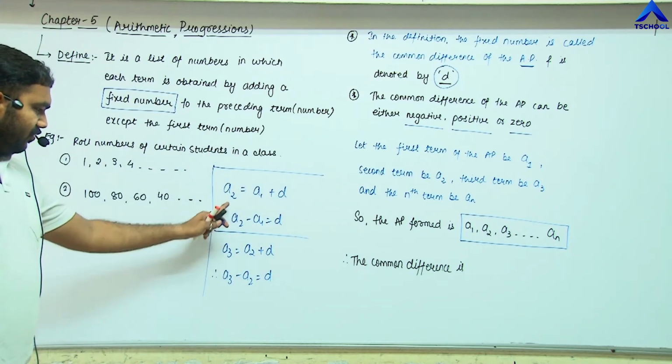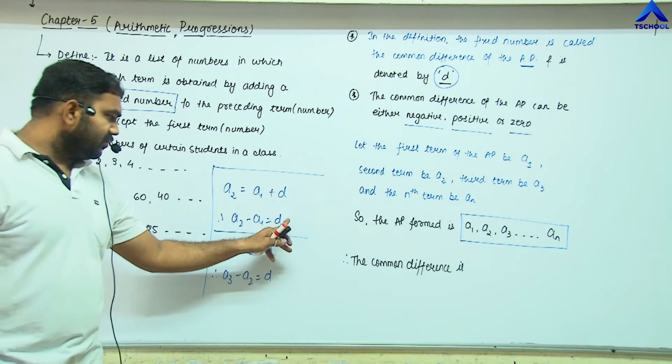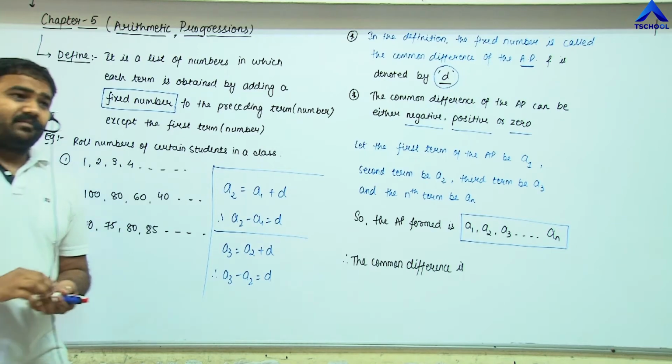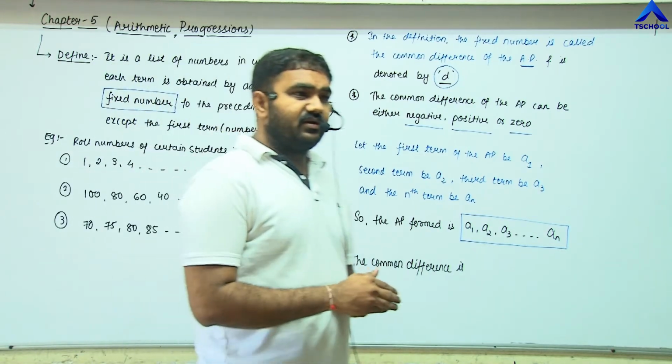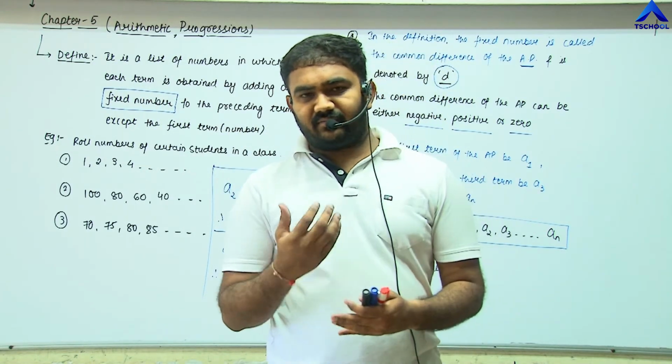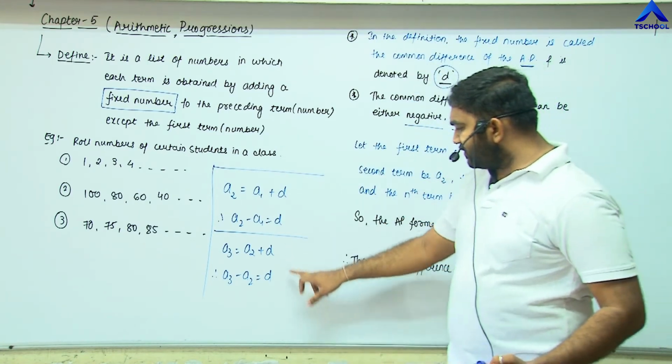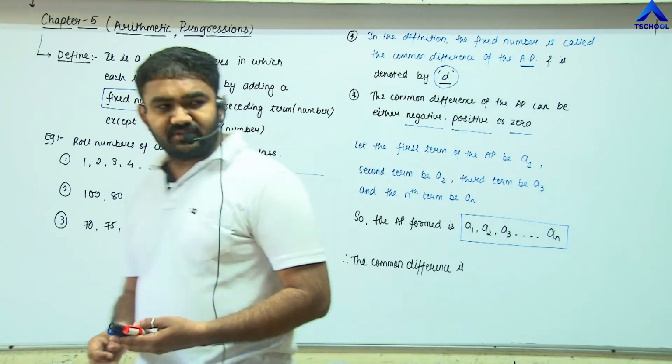See friends, this all will be the same, because here the common difference and here also the common difference, the fixed number, is the same. As it says the fixed number, it will not be changed, right? And if it is not changed, then you will get the same thing in both the equations.